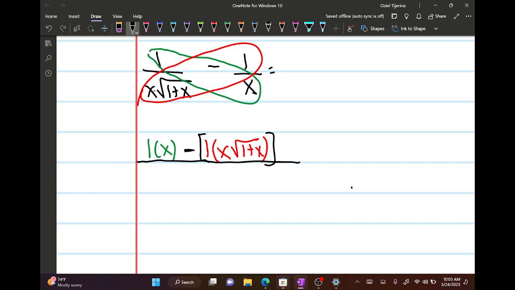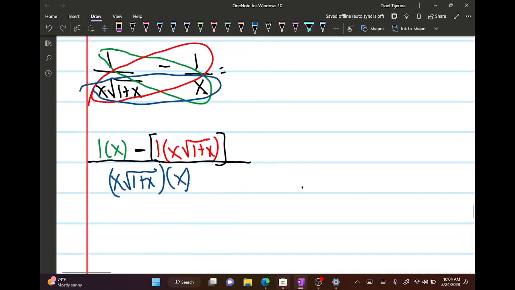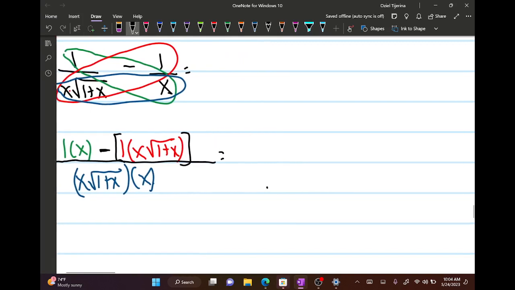Then we're going to do all over x square root of 1 plus x, and all of this times x. We're just going to simplify this. So we're going to have x minus the quantity x square root of 1 plus x, and again, we're putting in parentheses for a reason, because 1 times this is just this itself.